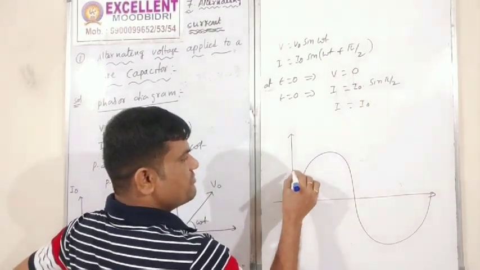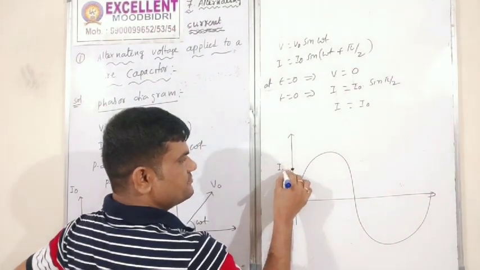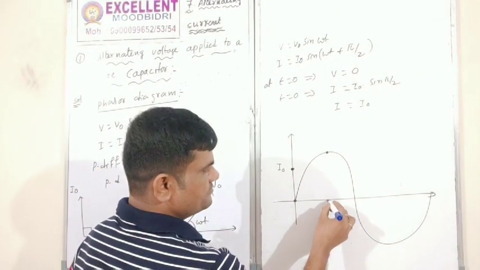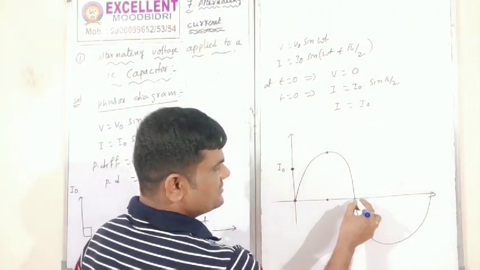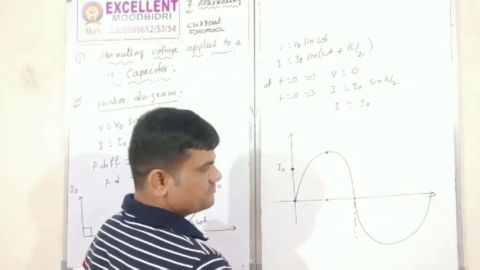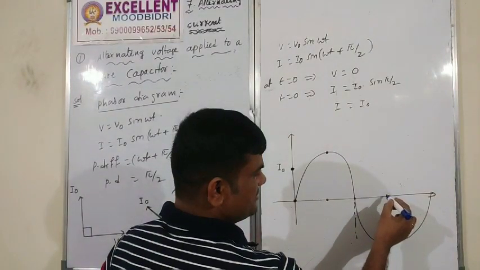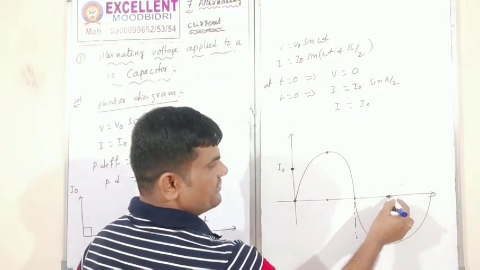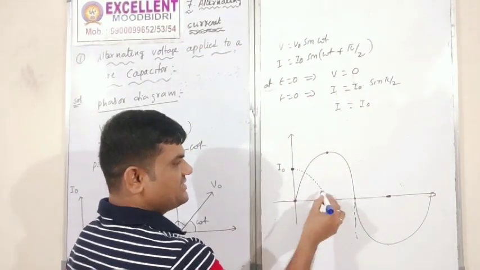I is maximum, I naught. When V is maximum, I is minimum. Then when V is minimum, I is maximum. Then again V is 0 and I is minimum. Sorry, V is maximum, I is 0. Correct? So we can draw the graph. It is a 90 degree difference, right?